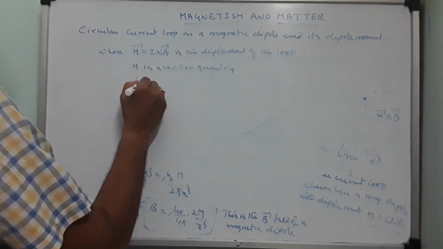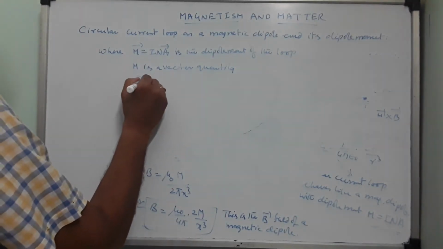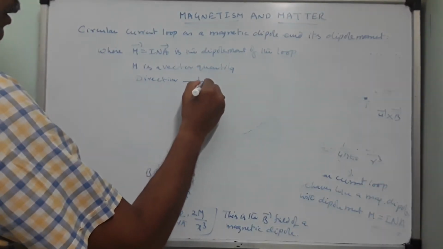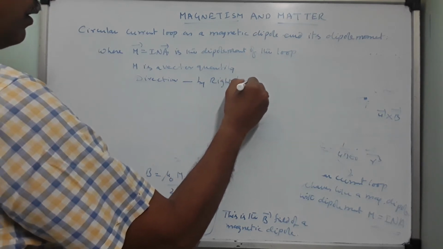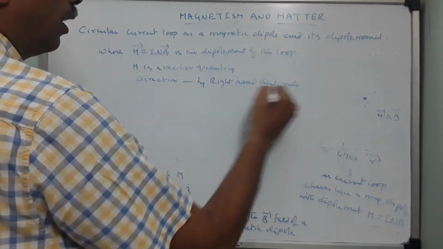SI unit. Okay, direction we will write. Direction is by right hand thumb rule or screw rule.